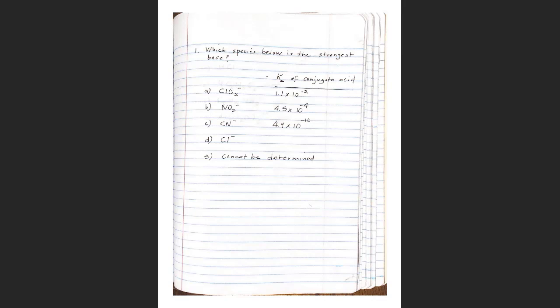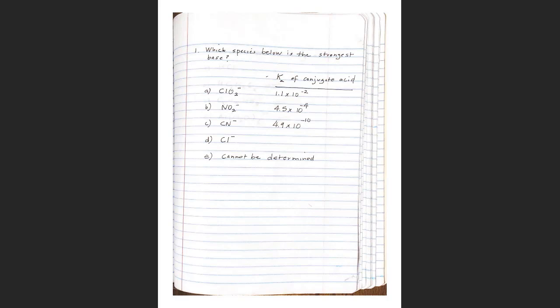Okay, so for me, if I recall correctly, depending on the value of Ka given here, the weaker the acid, the stronger the base.